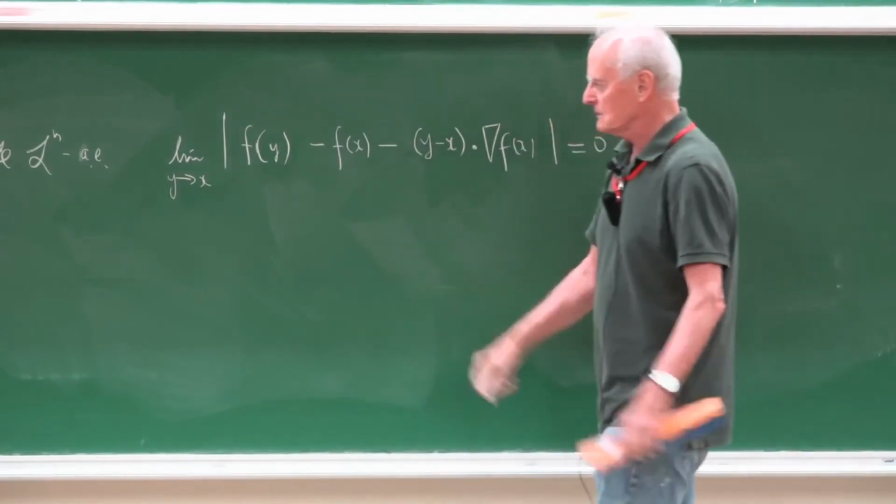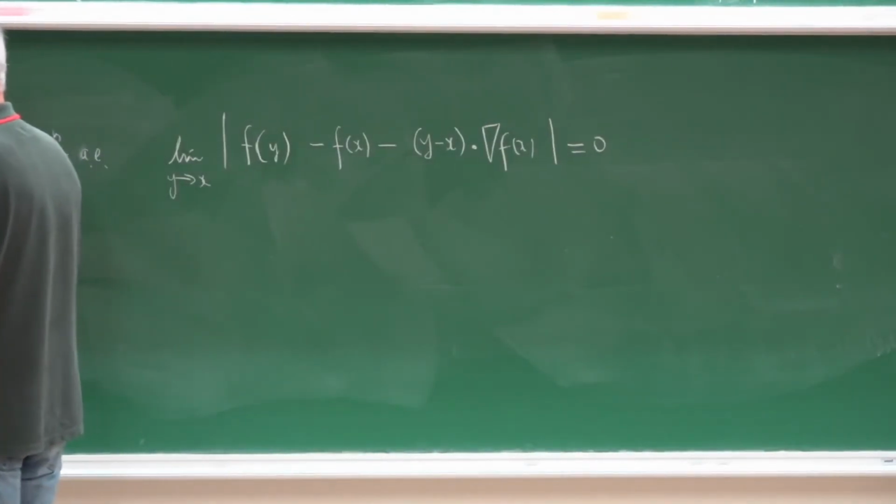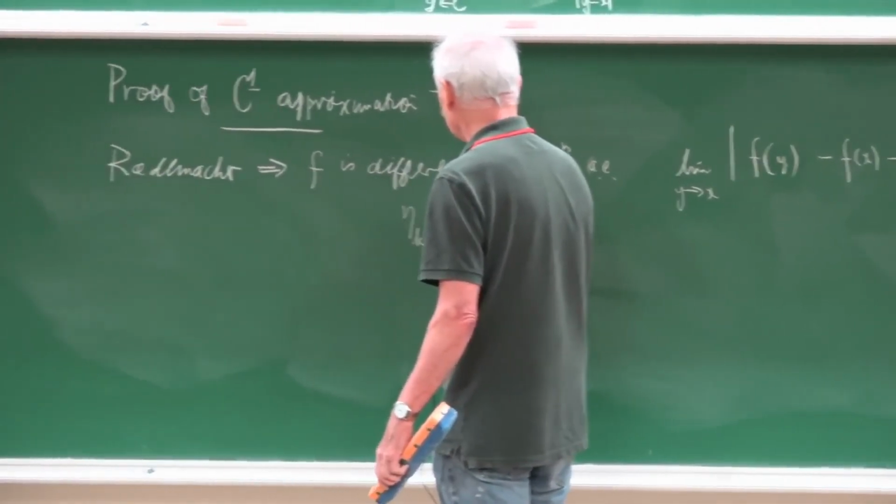And so that's given. And then let's define a function eta sub k of x.